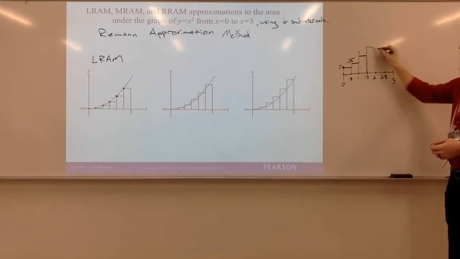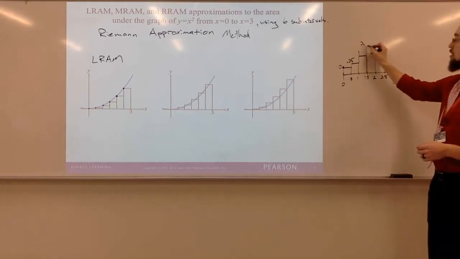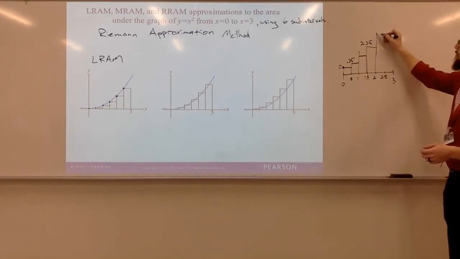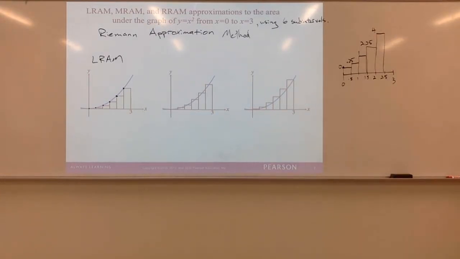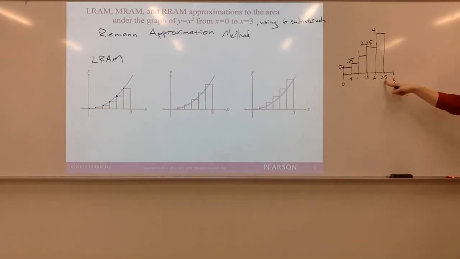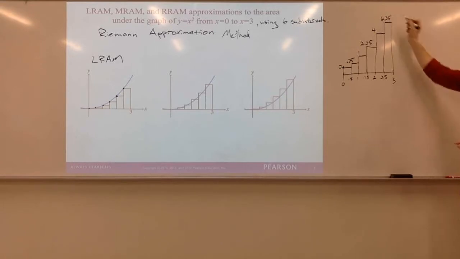Just keep going. Plug in 1.5. What's 1.5 squared? 2.25. Next, plug in 2 squared, so this rectangle has a height of 4. And my final rectangle's height is determined by the y value at 2.5. So 2.5 squared is 6.25.